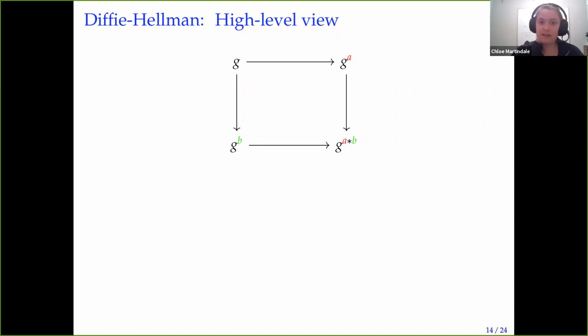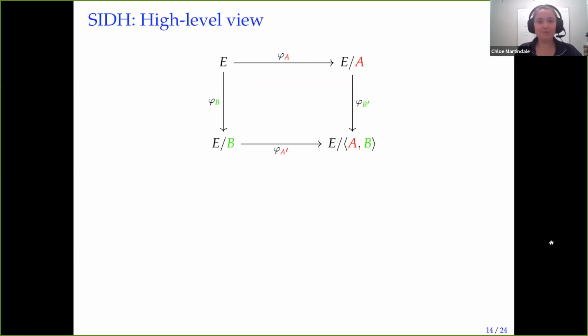This is the same high-level view for the SIDH key exchange, but our elements just got a bit more complicated. Here's the high-level view. Alice again computes the horizontal arrows, and Bob computes the vertical arrows. Alice's secrets are in red.